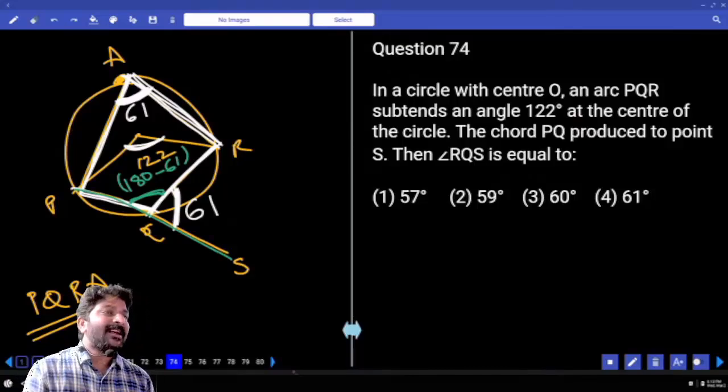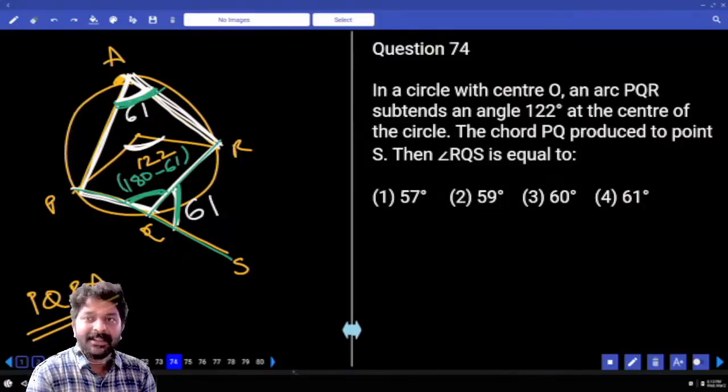PQS స్ట్రైట్ లైనే కదా. స్ట్రైట్ లైన్ ఇది రెండుగా డివైడ్ చేస్తుంది కదా. ఈ వన్ యాంగిల్ ఈజ్ 180 minus 61, the other angle must be 61 degrees, right? అంటే యాంగిల్ A దగ్గర ఎంత ఉందో ఎక్స్టీరియర్ యాంగిల్ ఎట్ Q ఆల్సో మస్ట్ బి సేమ్. బేసిక్ పాయింటే అది. ఓకేనా?